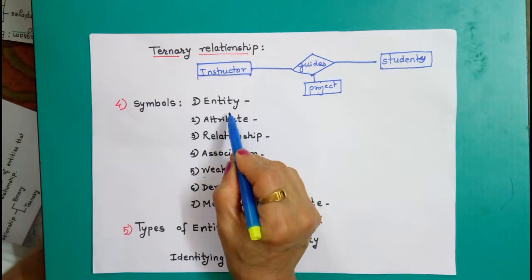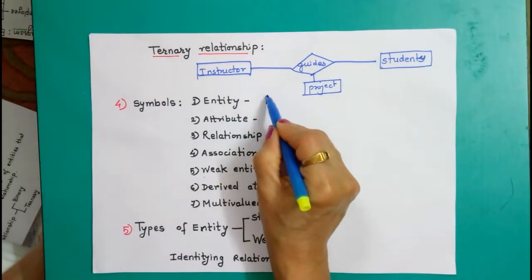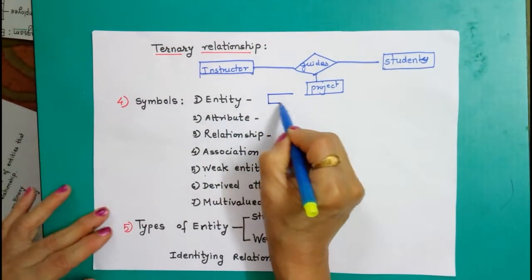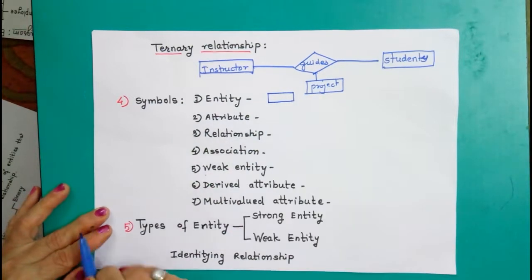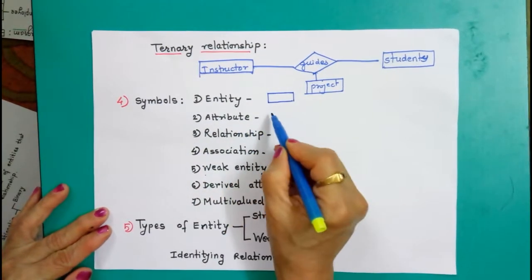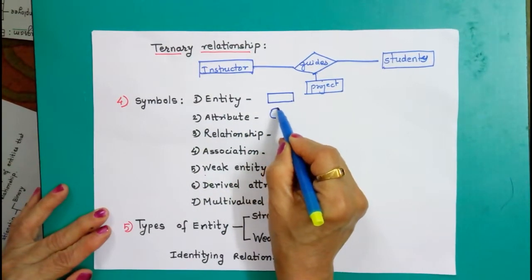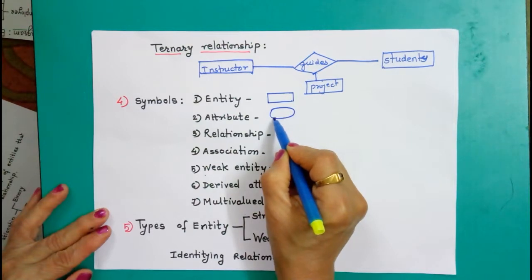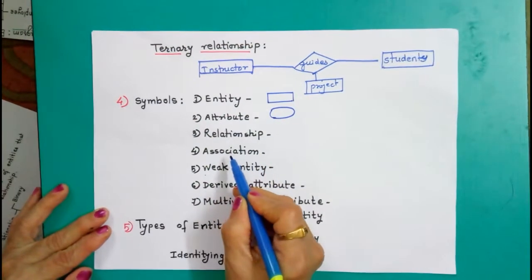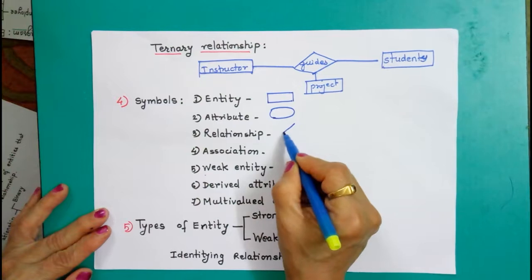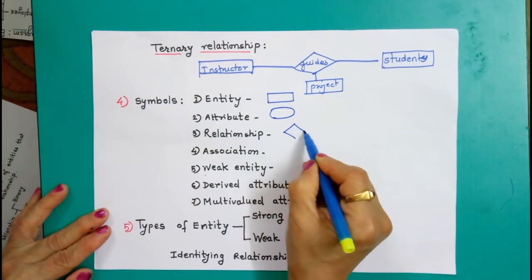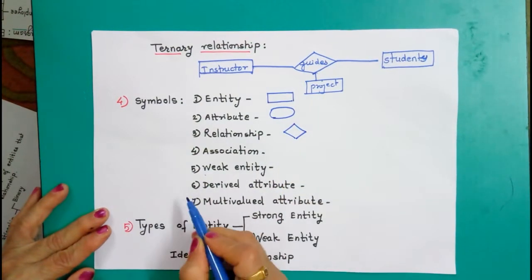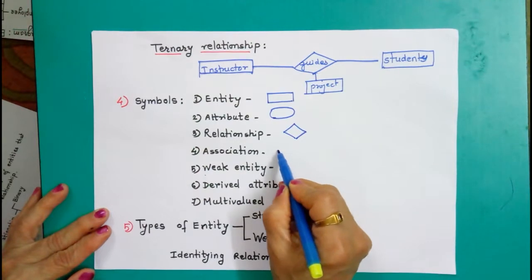First is entity, which is represented by a rectangle. Attributes are represented by an ellipse, oval shape. Relationship is represented using a diamond. Association is represented using a line.